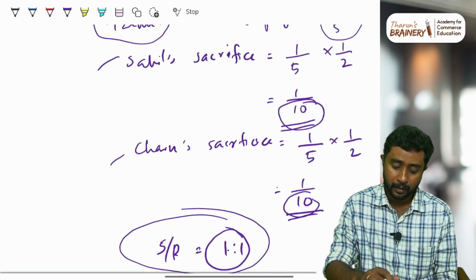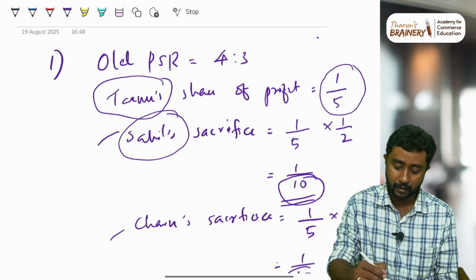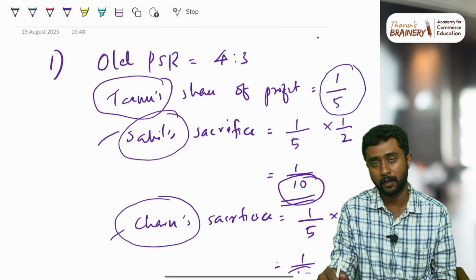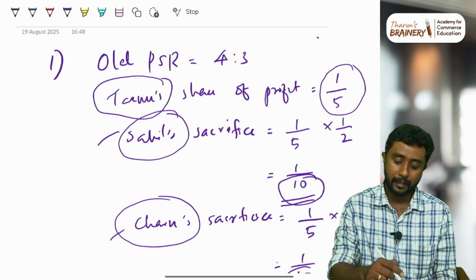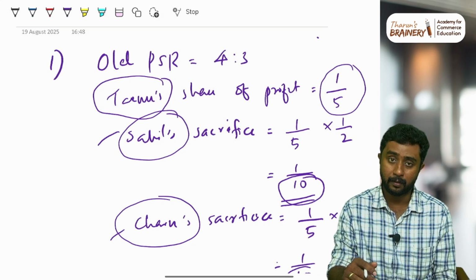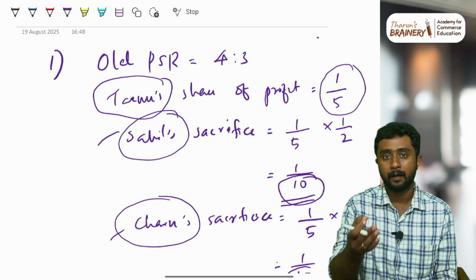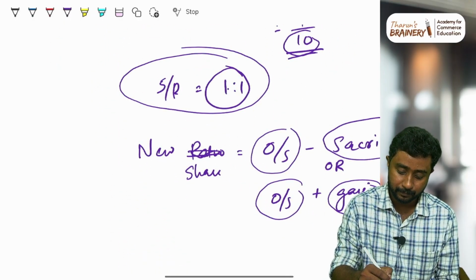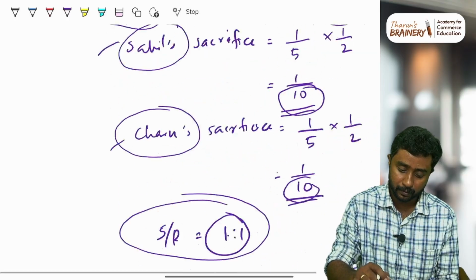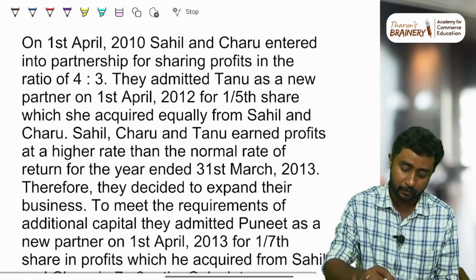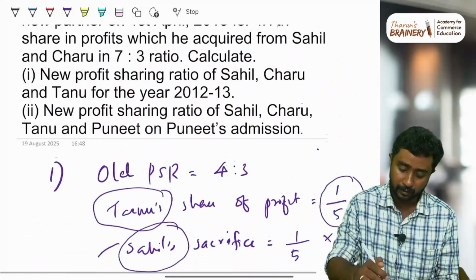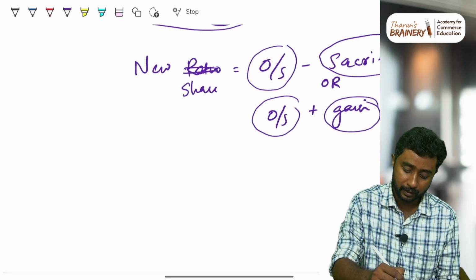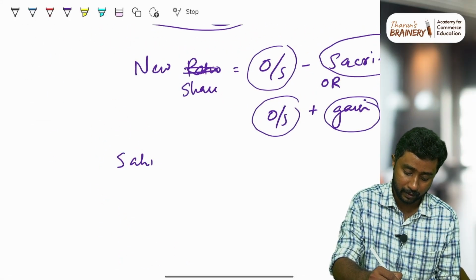Here we need to find out Sahil's new share and Charu's new share. Tanu's share is already given as 1 by 5, so we don't have to worry about that. Only Sahil's and Charu's shares we need to find. So how to find it? Sahil's old share is already available. They were sharing profits in the ratio of 4:3, so the old profit sharing ratio is 4:3. Sahil's share was 4, right?